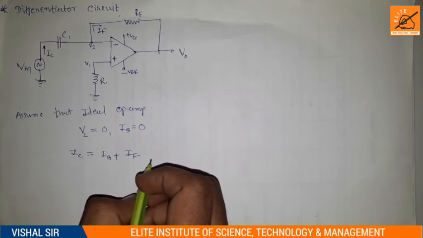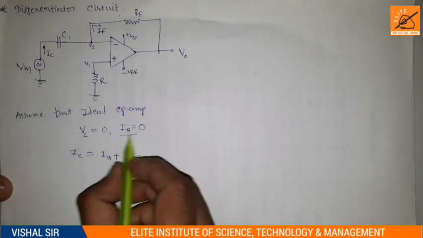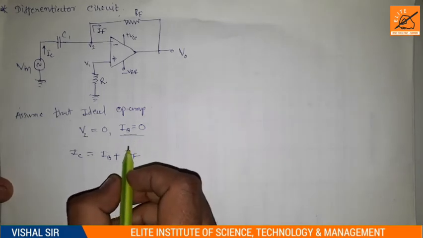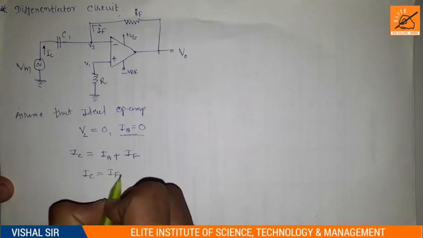But we know that IB is equal to 0 here. So we can say that IC is equal to IF.